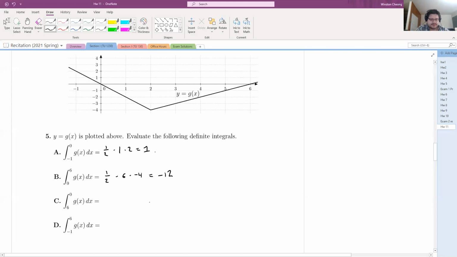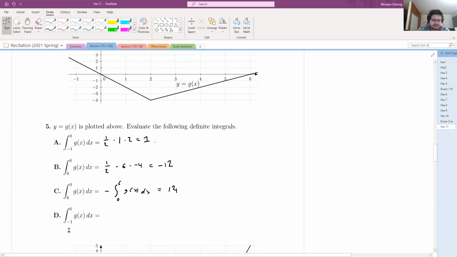So if I wanted to spell this out in detail, I would say that this integral is actually equal to negative of the integral from 0 to 6 of the same function. And this is part B, so we just end up with 12. We just negate part B.